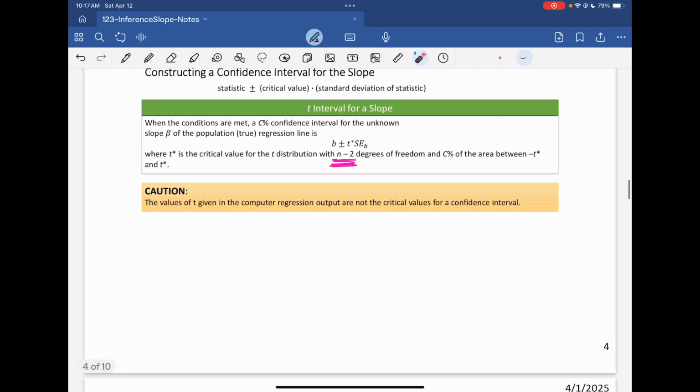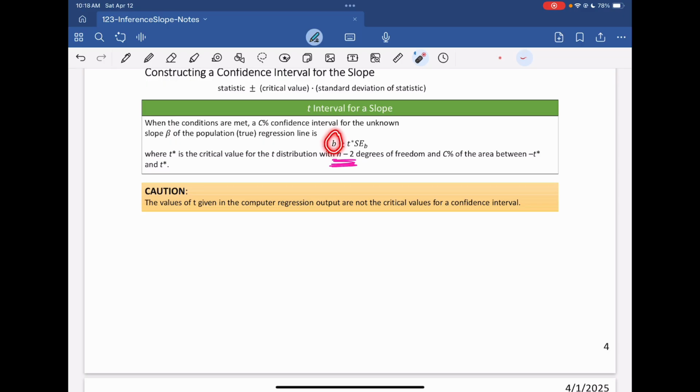This is very similar to what we did before. We have a statistic, and this statistic is b here, the sample slope. We have plus or minus in the middle here, and our t star is our critical value here, and then our standard deviation of the statistic is the standard error of slope.